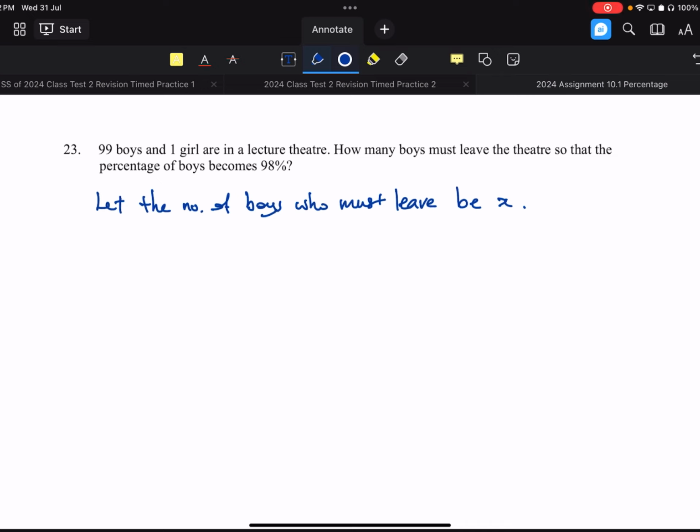Okay, so we know that the percentage of the boys now is 99 boys minus X. That's the leftover. And the total number of people originally is 100, but then also minus X. That will be the remaining total. So if I multiply this with 100%, it should give us 98%, right?